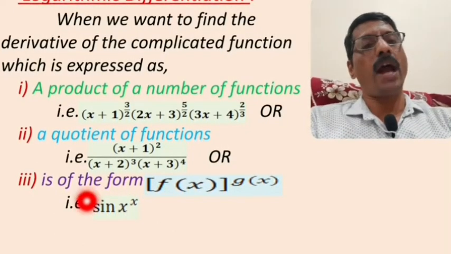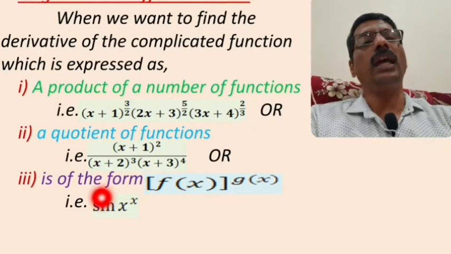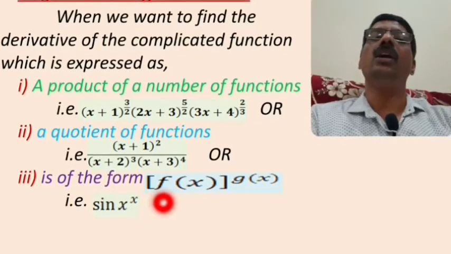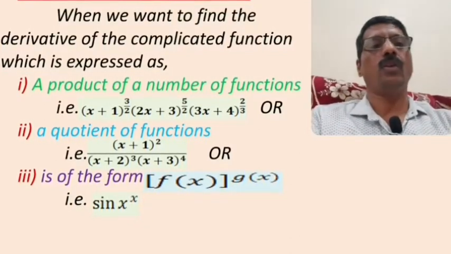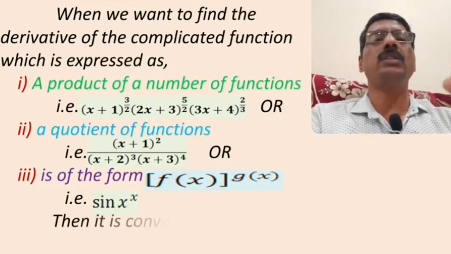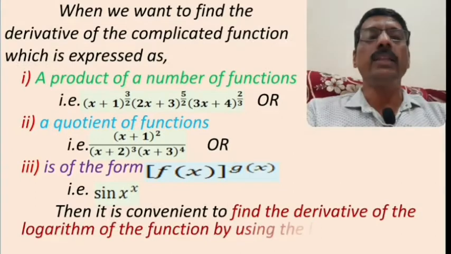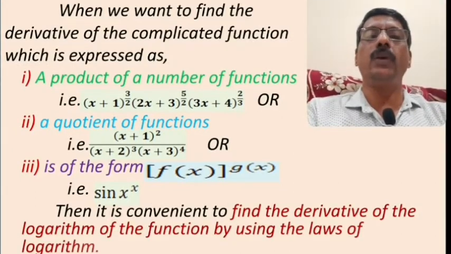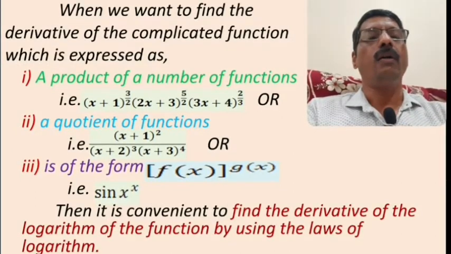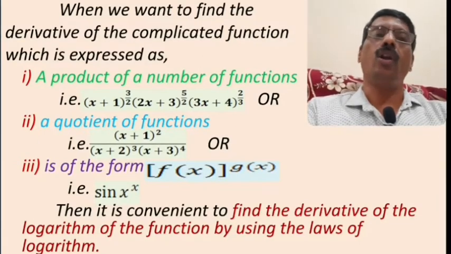If we have to find the derivative of the given function, here also we have to apply logarithmic differentiation. So if the given function is in the form of a product, quotient or exponential form, it is convenient to find the derivative of the logarithm of the function by using the laws of logarithm.